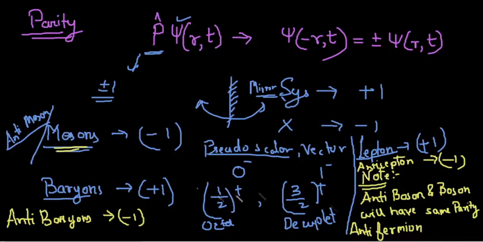One thing to note, bosons will have the same parities. If it is +1, then anti-boson and boson will have +1. If it is -1, then anti-boson and boson will have -1. So meson, since it is having -1, anti-meson will also have -1 as parity. But fermions like baryons and leptons will have different parities for antiparticle and particles.